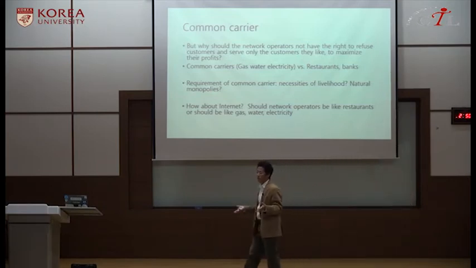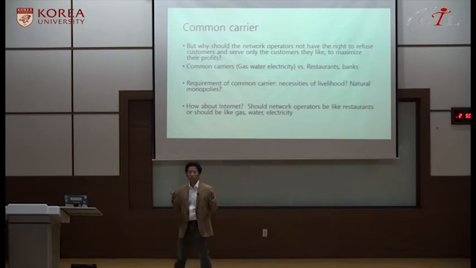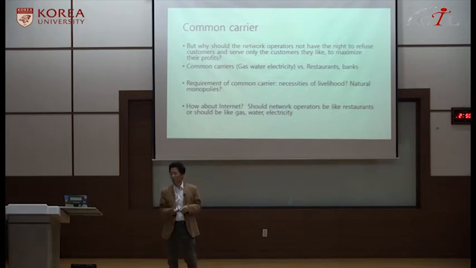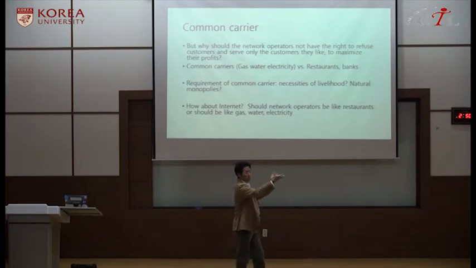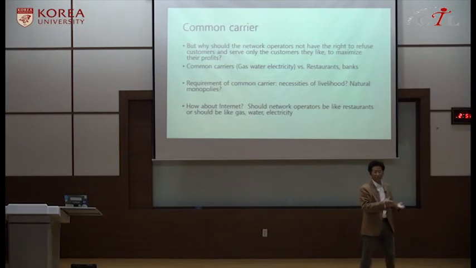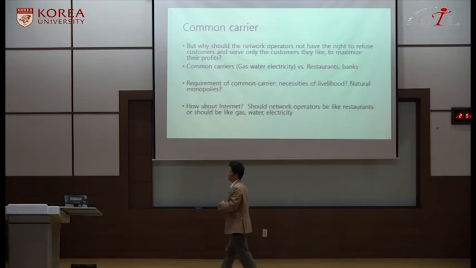Why shouldn't the internet service be like the restaurant business or banking business, as opposed to water, electricity, or gas? What do you think about that? Why should the internet and gas, water, electricity be called common carriers?